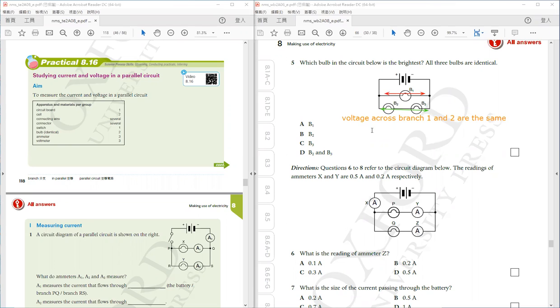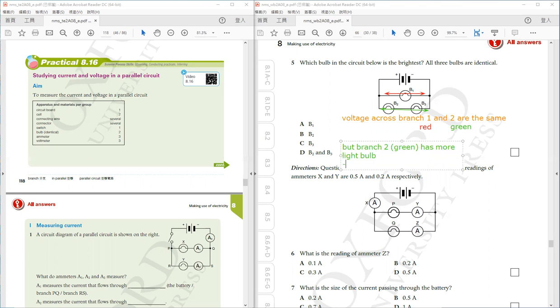That means branch 1 is the red one. Branch 2 is the green one. Okay, but branch 2, the green one, has more light bulbs.